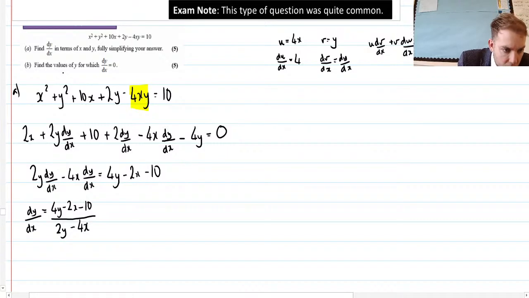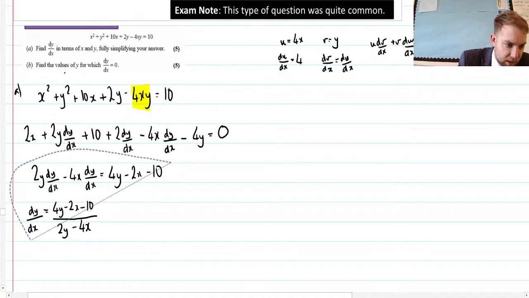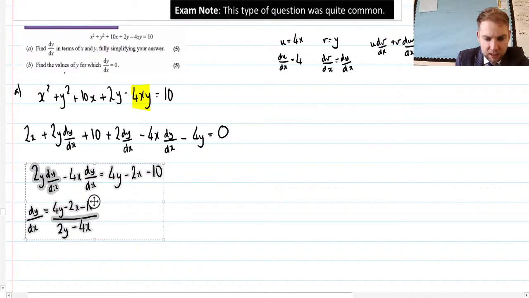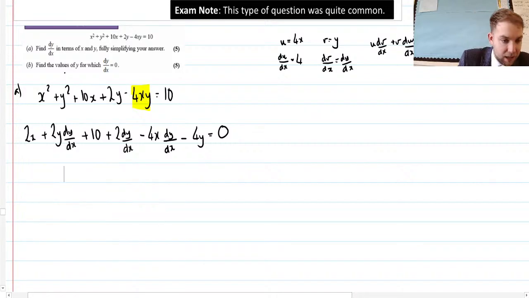Let's get rid of all of this actually. So the things which have got dy by dx in are, I should probably highlight them just so I make it really clear, 2y dy by dx, which is here, 2 dy by dx, which is here, and this one here, which is minus 4x dy by dx. So let's keep all of that on the left-hand side. Let's take everything else over to the other side.